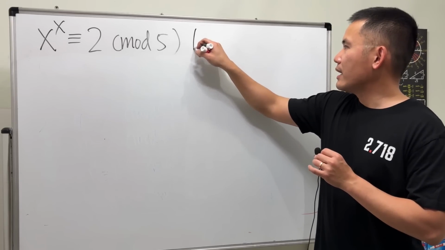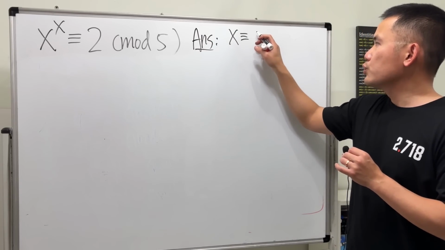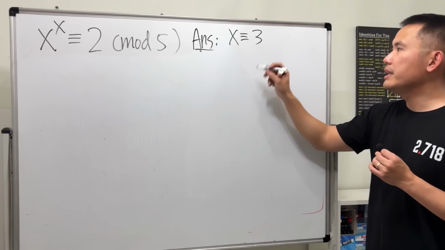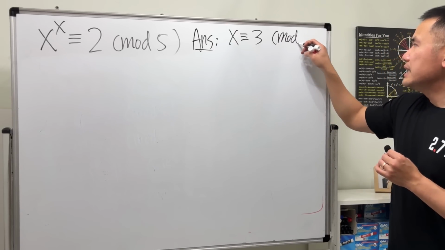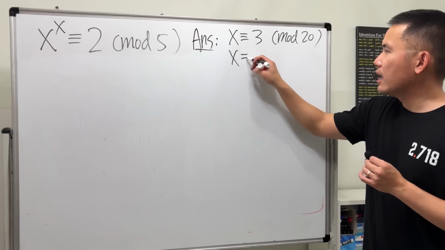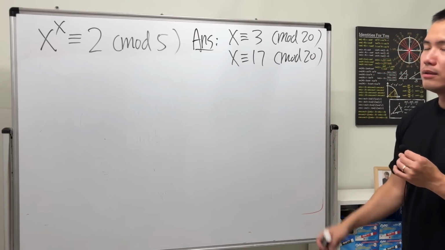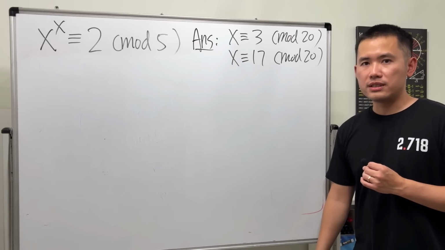If you use WolframAlpha, we have 2 sets of solutions. The first one is x congruent to 3, but it's not mod 5, it's mod 20. And the other one is x congruent to 17 mod 20. We have two sets of solutions.